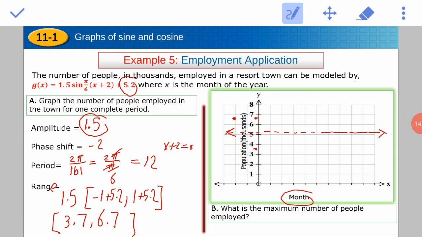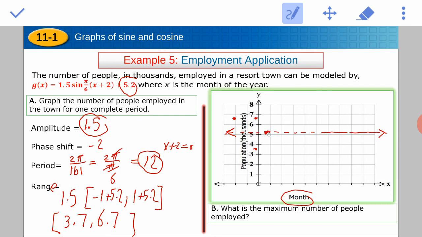We know that the complete period is 12 months, so if you divide this 12 months by 4, you will get 12 over 4. It's going to be 3. So every 3 months you should see a critical point. So the first critical point occurs at 2 months to the left. So 3 months from here, you should see an x-intercept. So this is going to be another point.